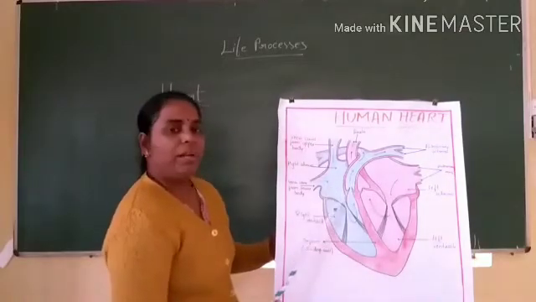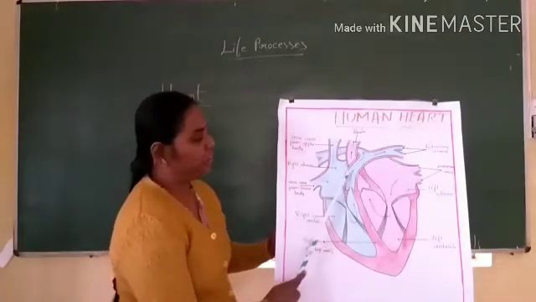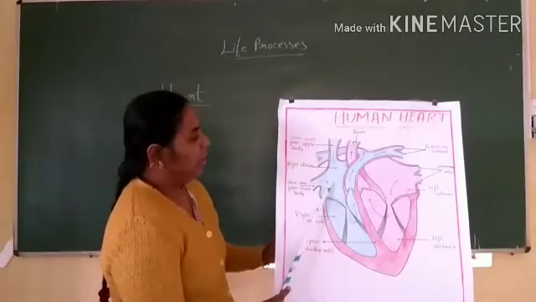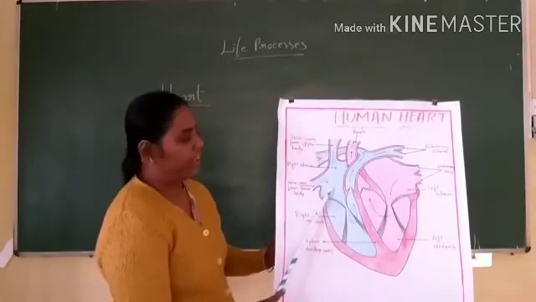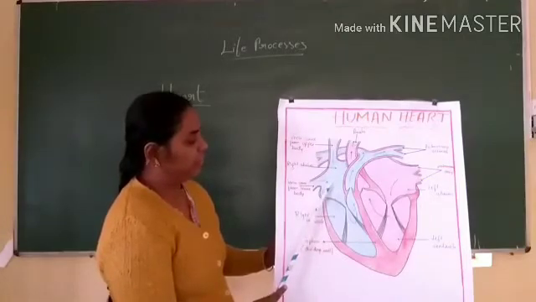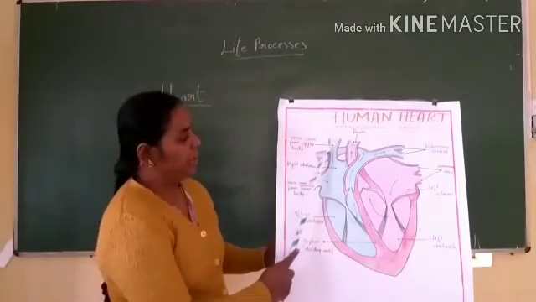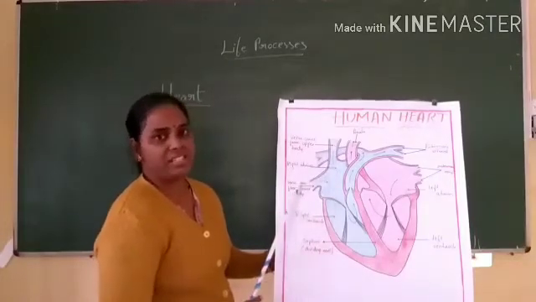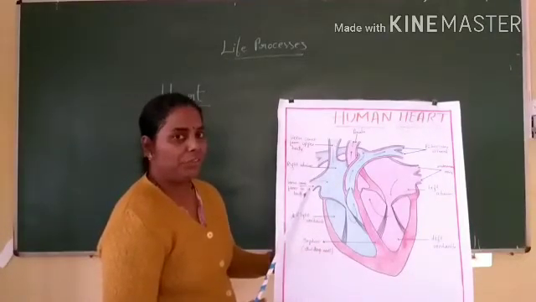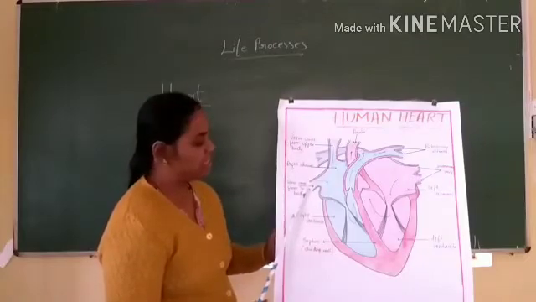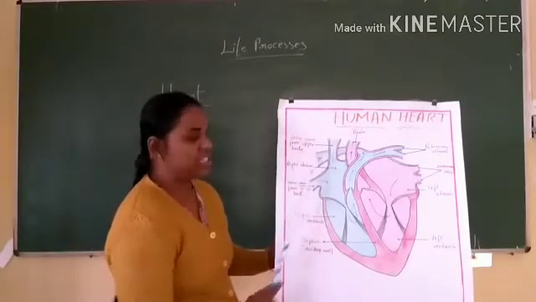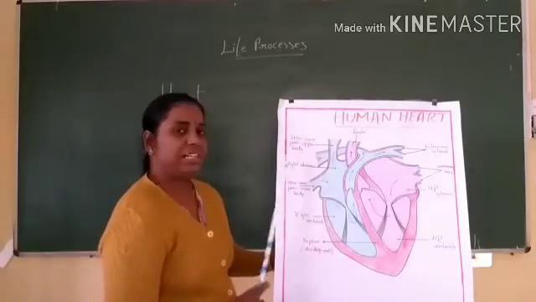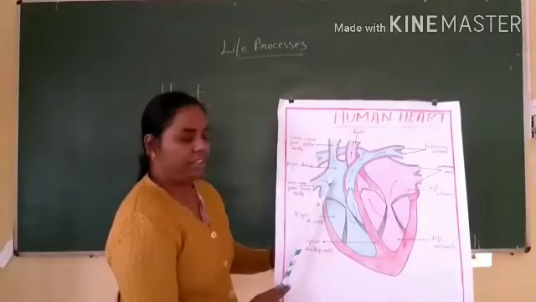Now, which are the blood vessels connected to the heart? That we will study now. The right atrium or right auricle is connected with the superior and inferior vena cavas. That is, it is connected with the veins. So what is the function of veins? We have discussed that the veins bring blood from all different body parts and dump it into the right auricle.